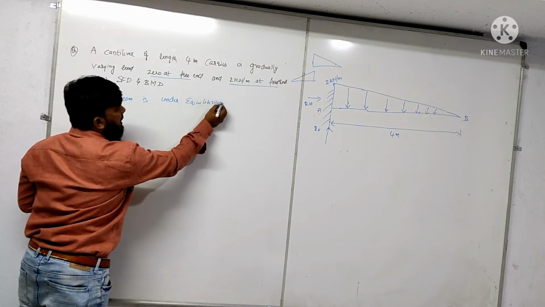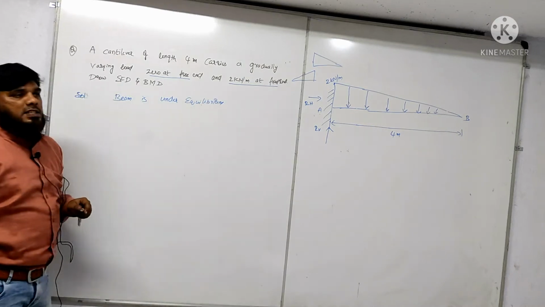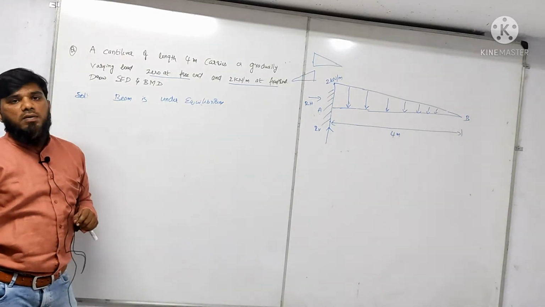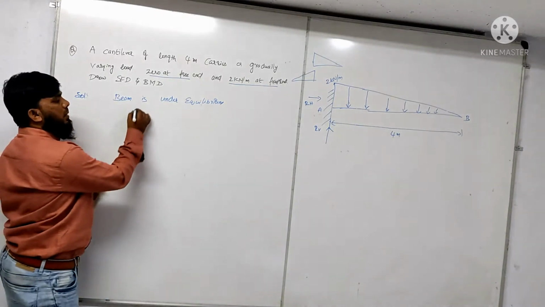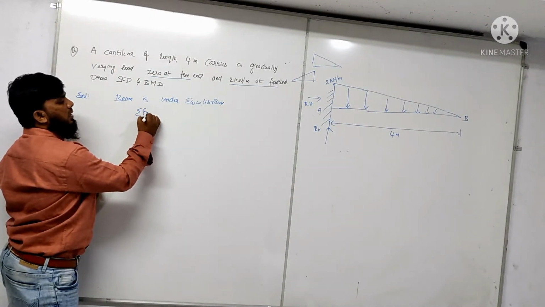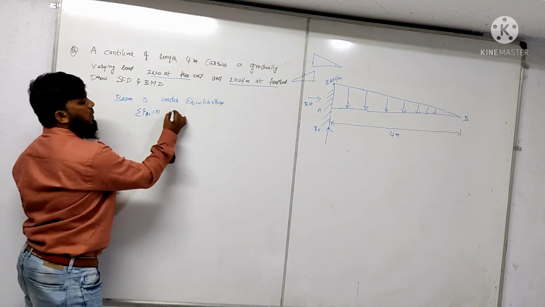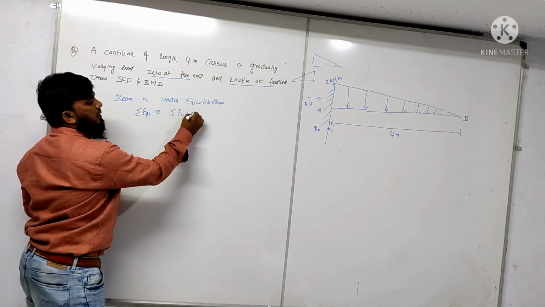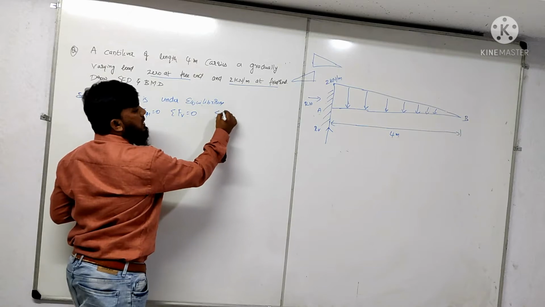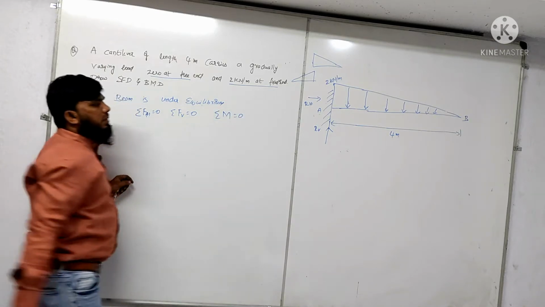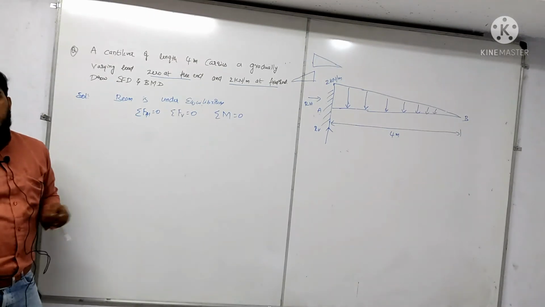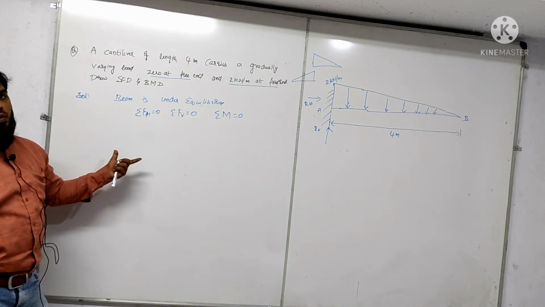What is meant by equilibrium? As per mechanics, whenever the beam is under equilibrium, the summation of horizontal forces should be equal to 0, the summation of vertical forces should be equal to 0, and the summation of moments should be equal to 0. This is the basic criteria which we have to take.